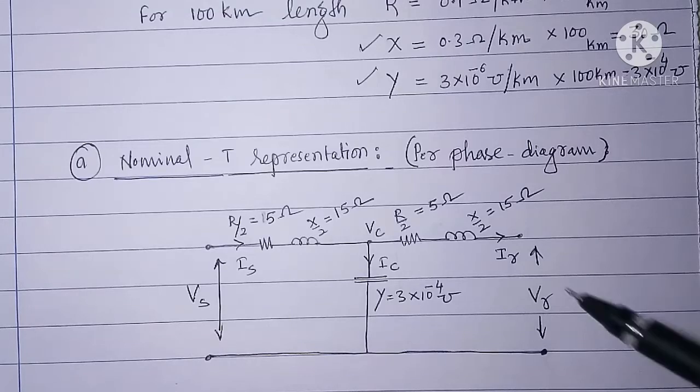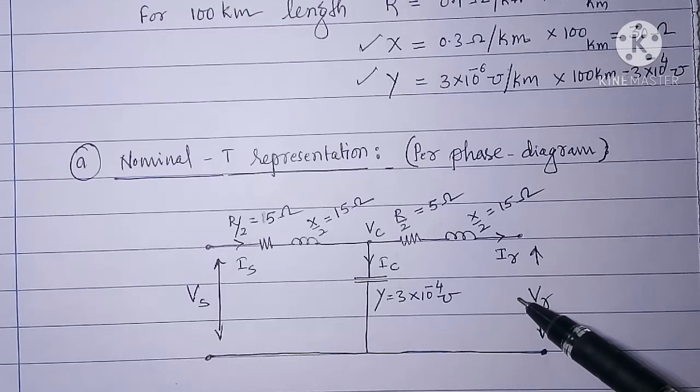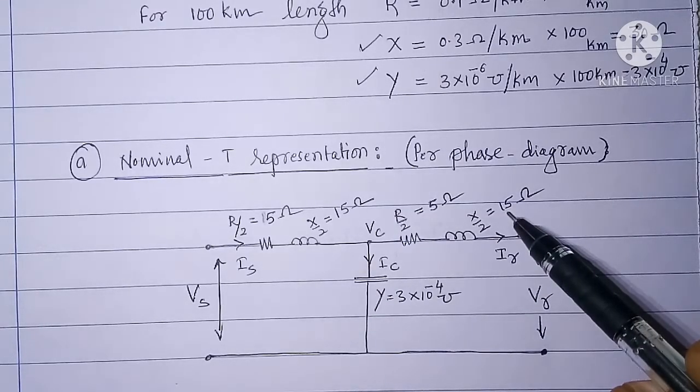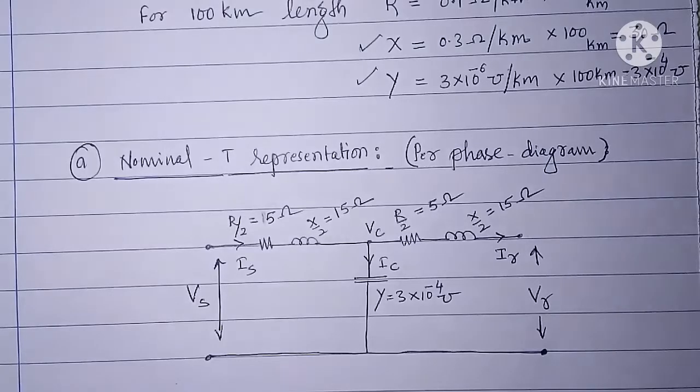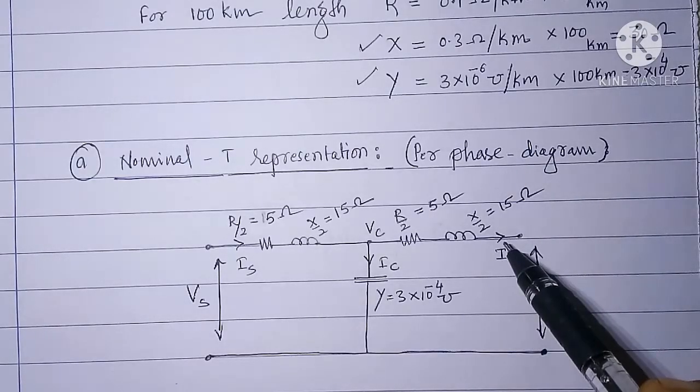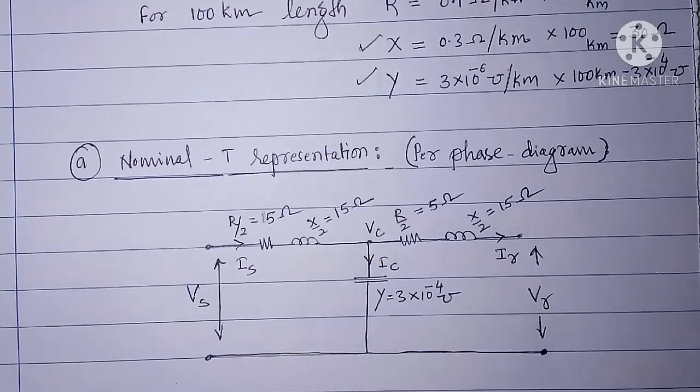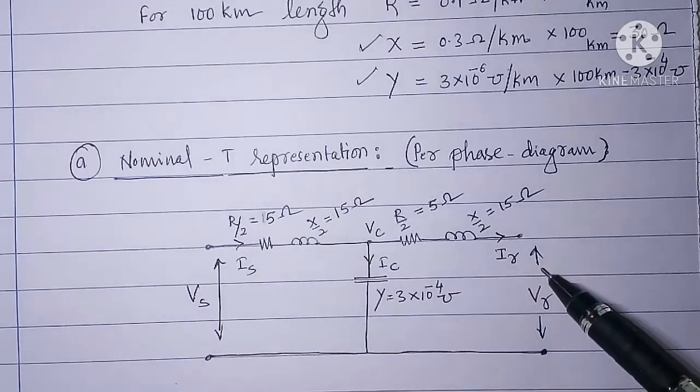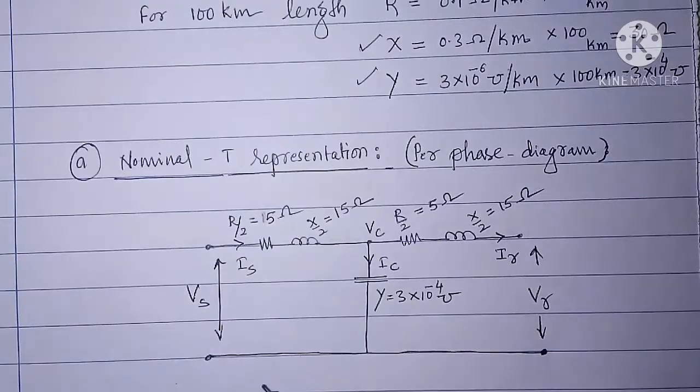Now here is the nominal T representation of given transmission line. It is per phase diagram. Using this, now we have to calculate sending end voltage, sending end power factor, regulation and efficiency.